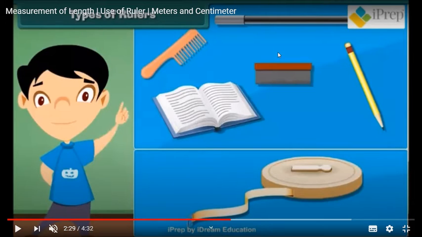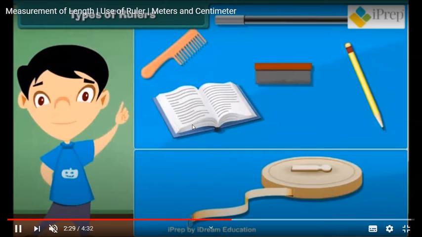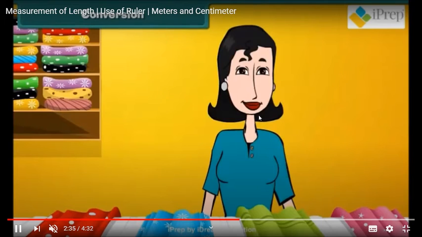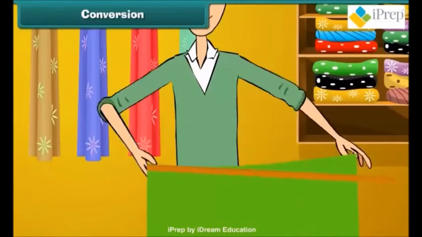Now come to the measuring tape. It is used to measure long things. Ruler we use only for small things like pencil, pen, duster, book and comb, but measuring tape is used to measure long things. See this lady, she went to the cloth shop to buy cloth.